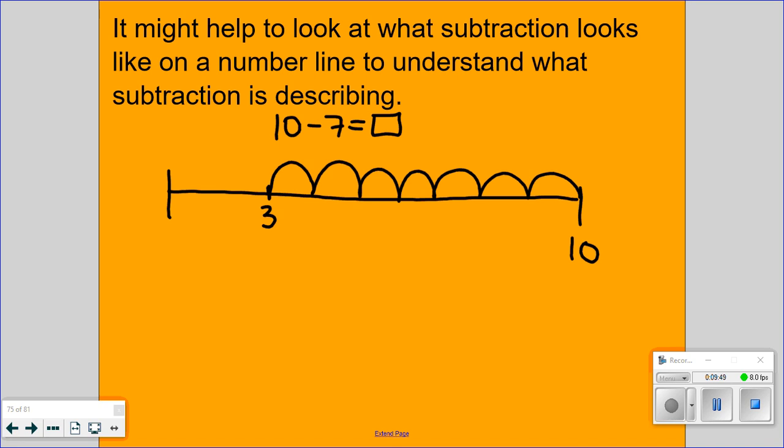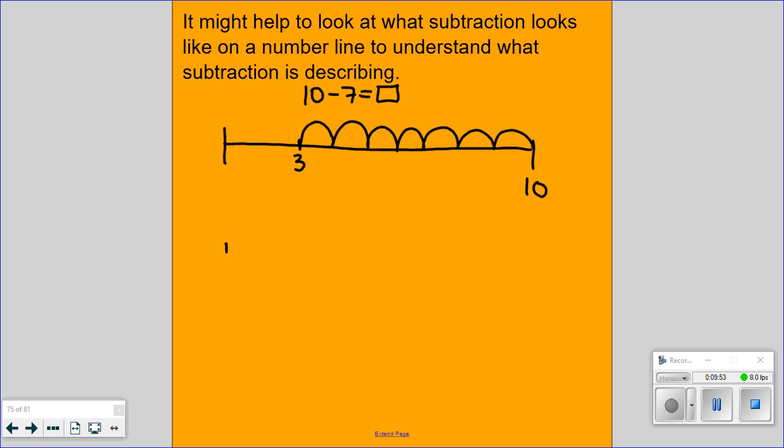We're going to do it a different way now. Draw another number line. You're still going to put 10 on that number line, because we're still dealing with 10. But now we're going to talk about that word difference. This equation really wants to know what is the difference between 7 and 10?